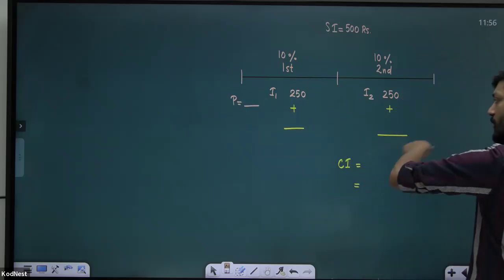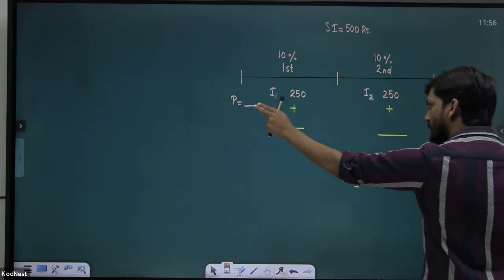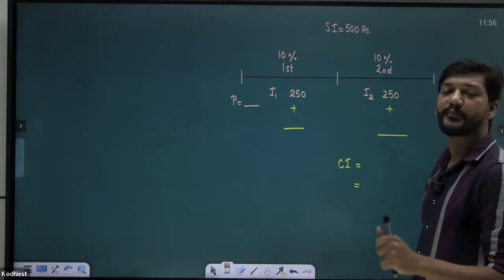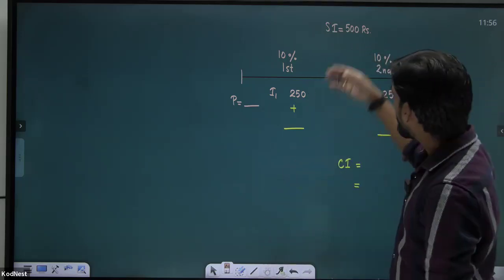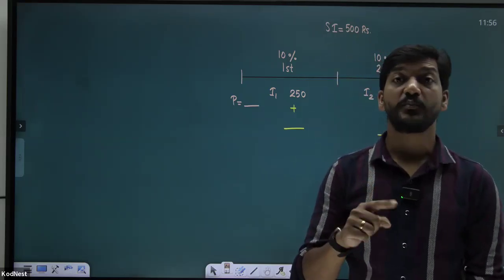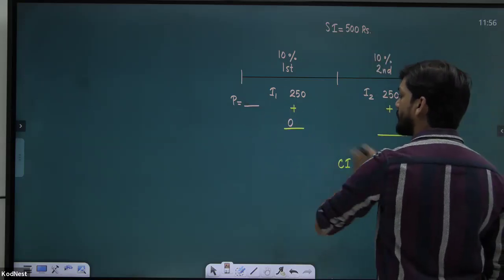When I calculate compound interest for the second year, I need to write interest on principal, which is already written, and interest on previous interest. Interest on principal is already written because I know the simple interest. I just need to write the interest on previous interest. For the first year there is no previous interest, so write 0.